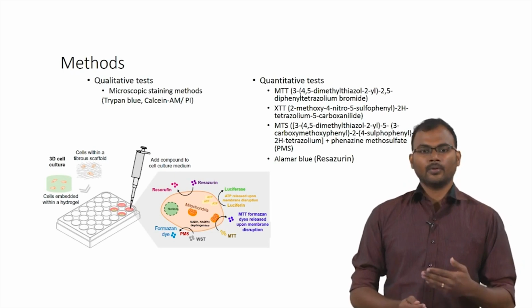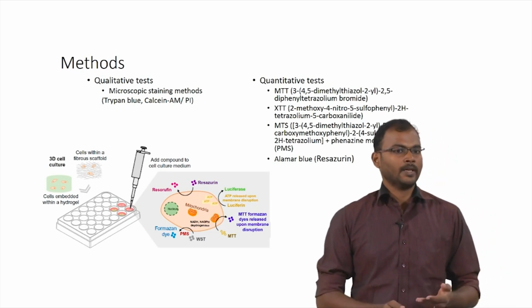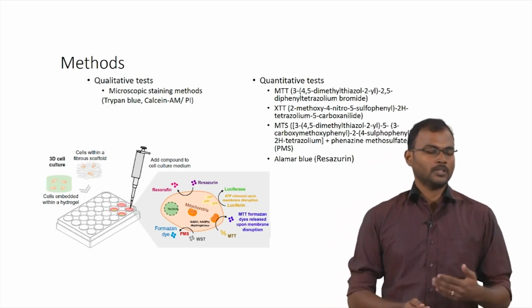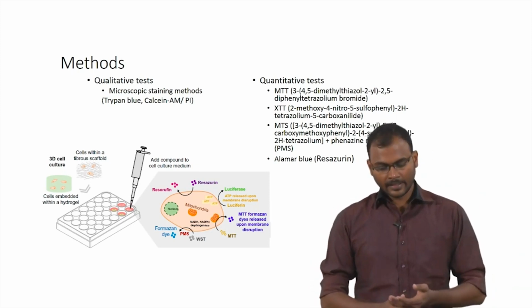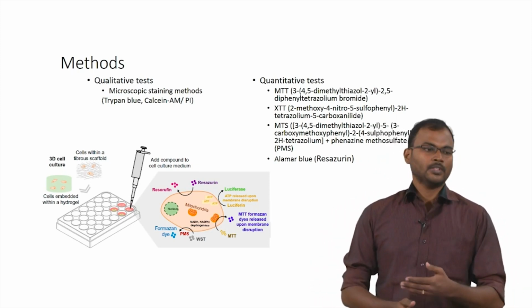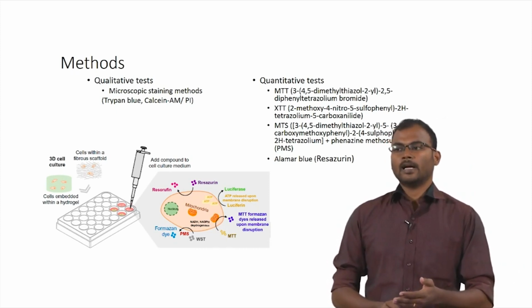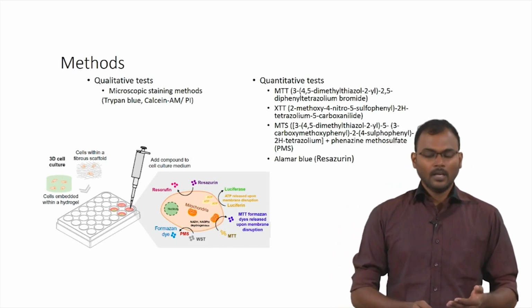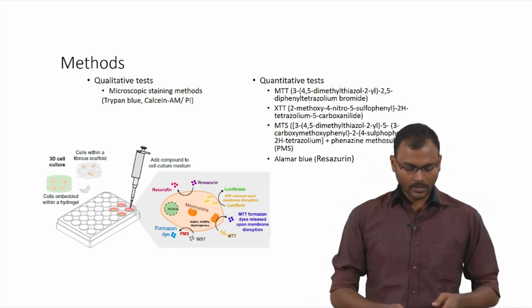You have to rupture the cells and dissolve them using a solubilizing agent like DMSO to check the absorbance of the formazan crystals formed. Whereas XTT and MTS are water-soluble tetrazolium salts, so the reaction happens outside the cells with the help of phenazine methosulfate, PMS.